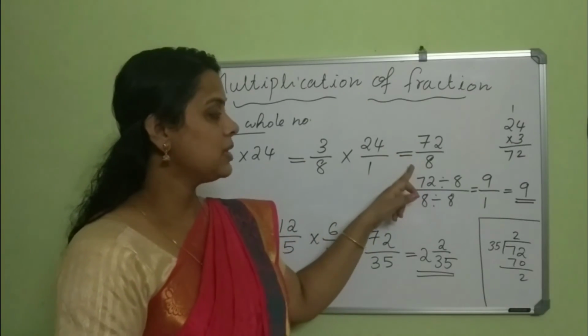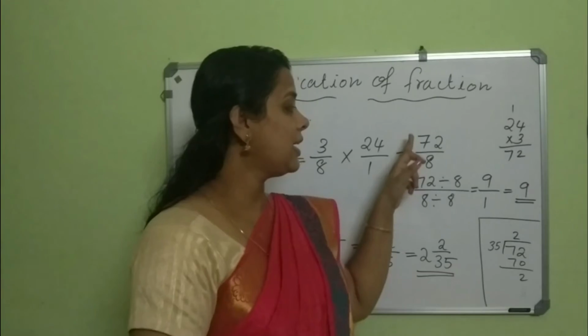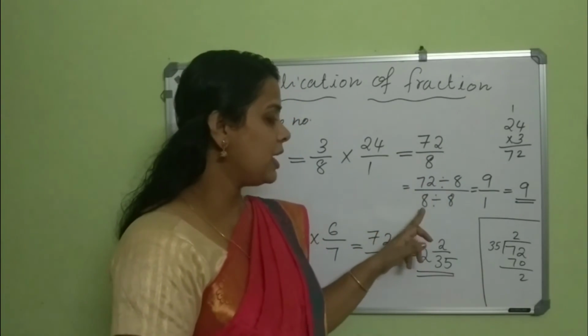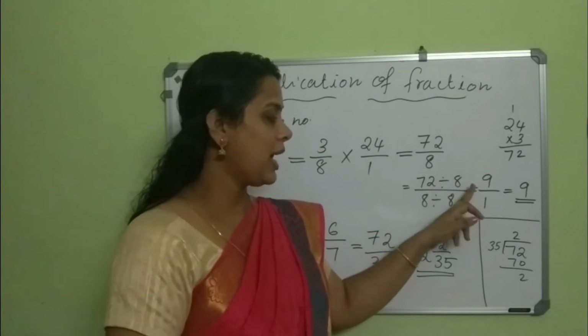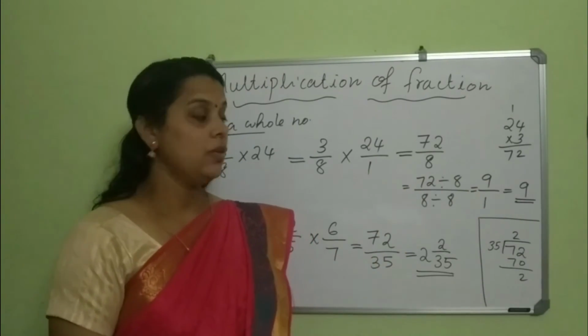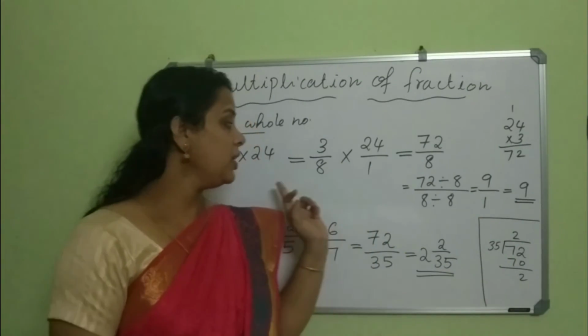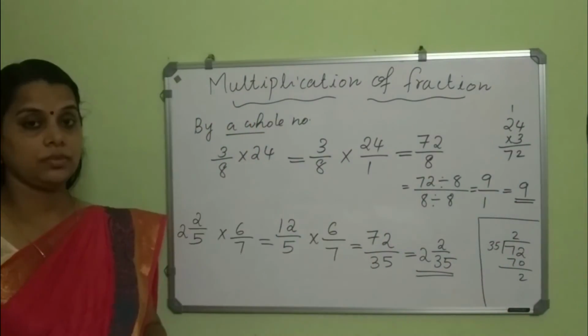We know 72 is a multiple of 8, so 8 is a common factor of 8 and 72. We divide 72 by 8 and 8 by 8. 8 9s are 72. So 9 by 1. What is 9 by 1? That is 9. You can use the other method also, by simplification.